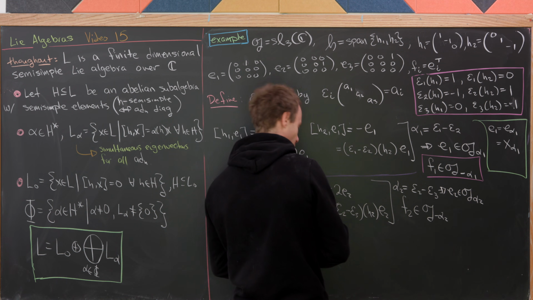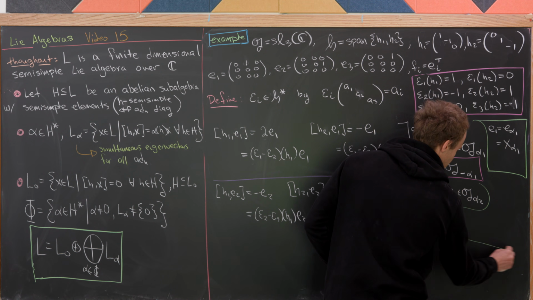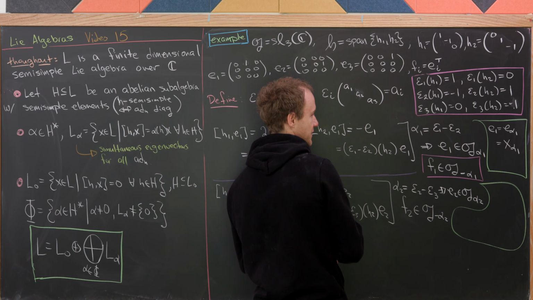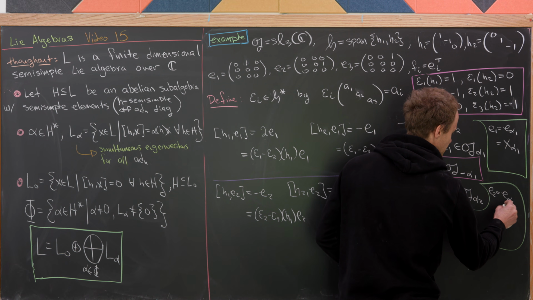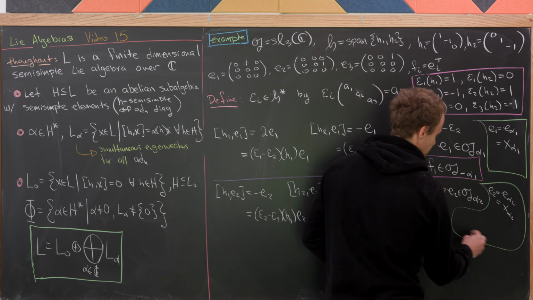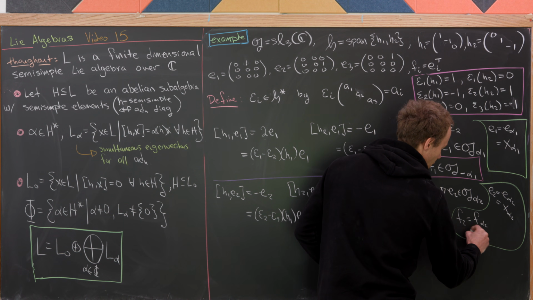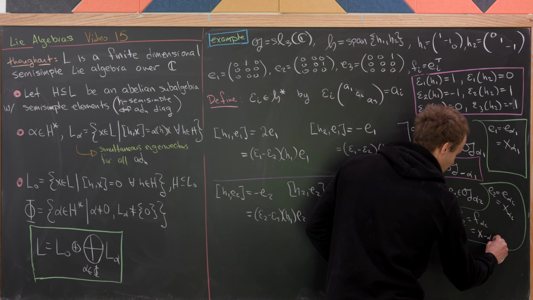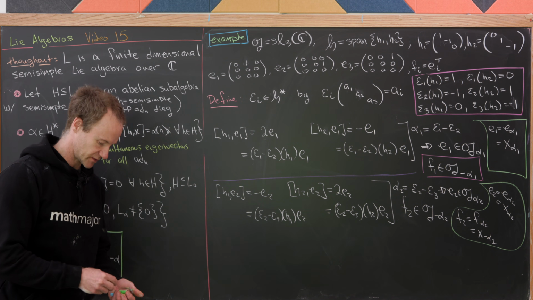And while we're at it, let's recall some of the other notation. E2 is sometimes written as E alpha 2, which is X alpha 2. And F2 is sometimes written as F alpha 2 or X minus alpha 2. That's another way of writing those vectors.